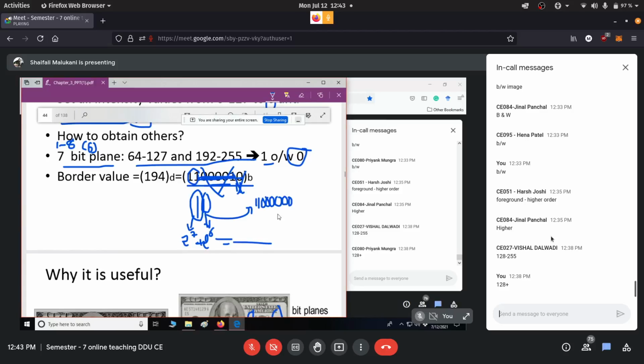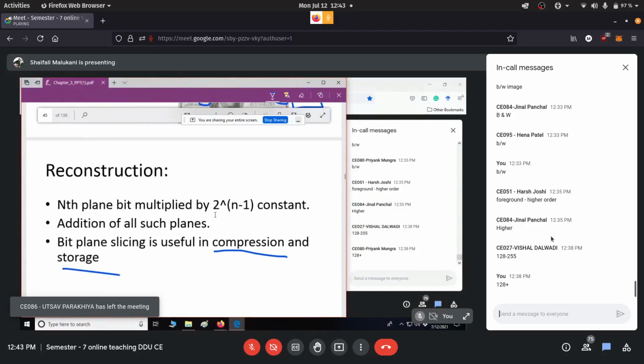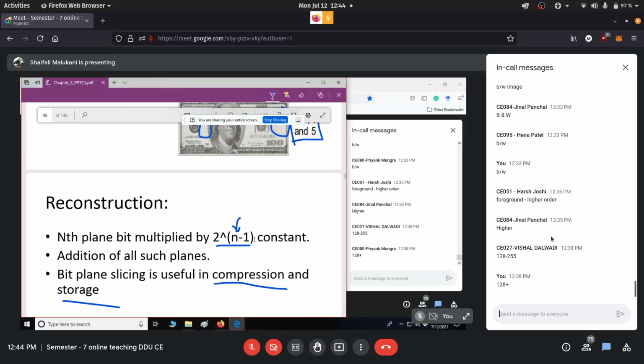That is how you will get this value. So reconstruction is obtained by whichever bit plane you are talking about, minus 1, 2 raised to that value. Suppose I am working with the 8th bit plane, then it should be 2 raised to 8 minus 1.